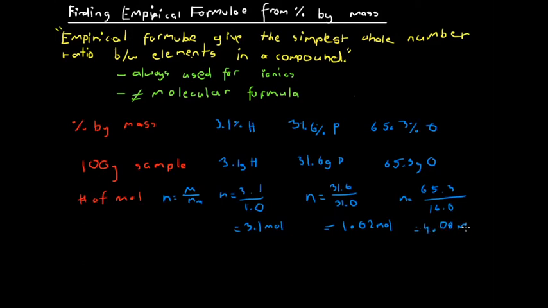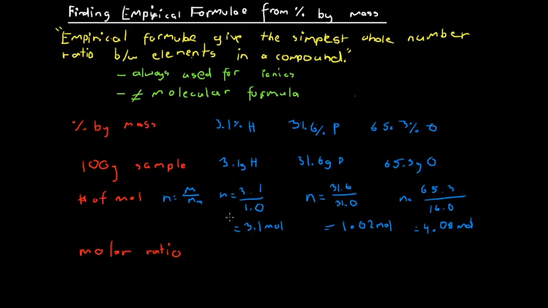So we can see here that if we go off these ratios, what we want to do is then go to the molar ratio. Now you can see here, we've done all these calculations correctly, so we can be confident in these numbers of moles in the 100-gram sample here.